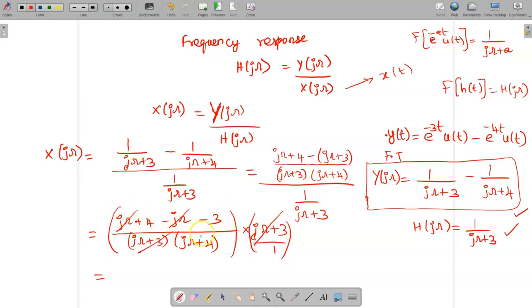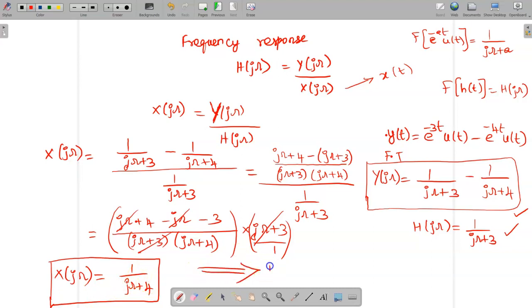So 4 minus 3 is nothing but 1, so the whole numerator becomes 1, and you are getting just 1/(jω+4). This is X(jω), so X(jω) is 1/(jω+4). From this we have to find the inverse Fourier transform.